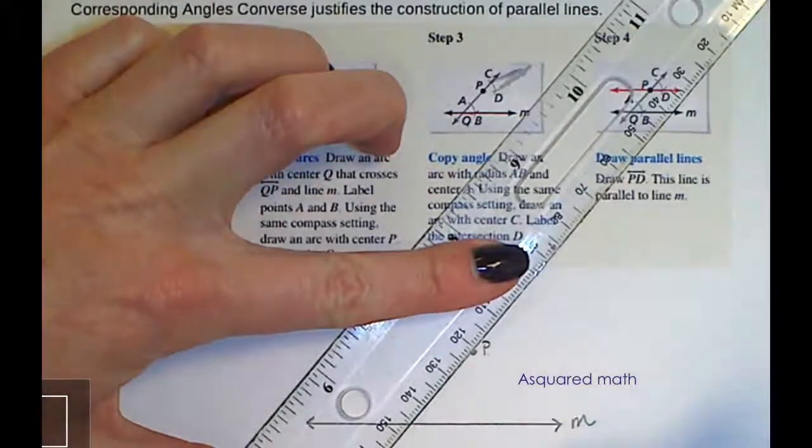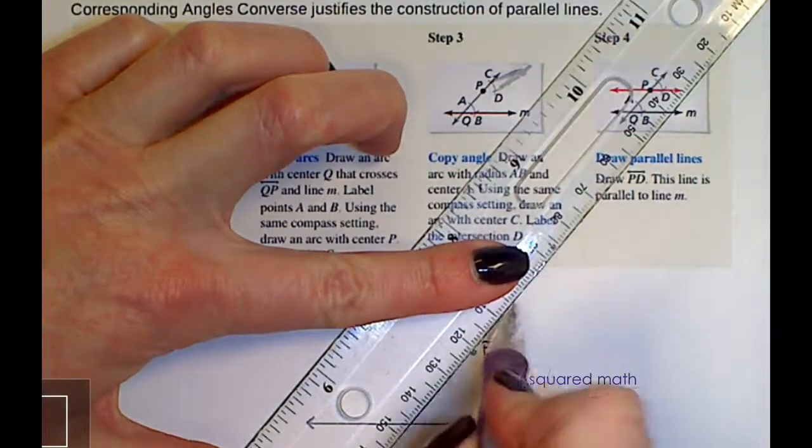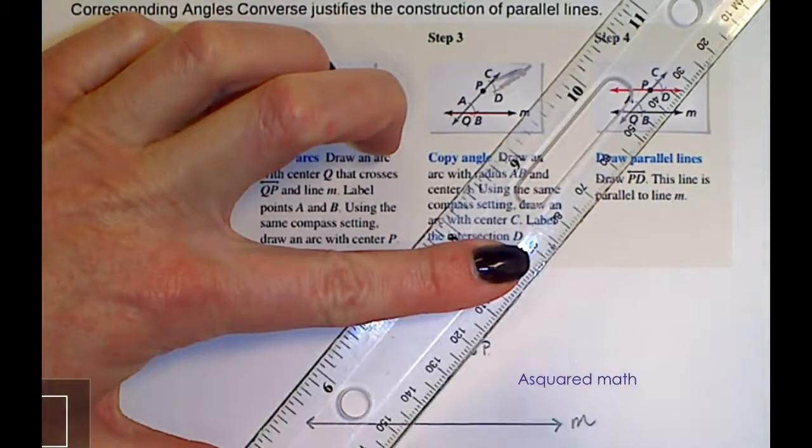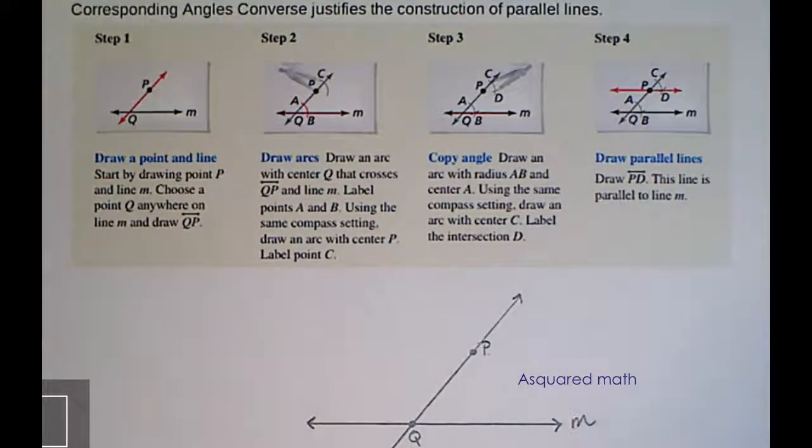So anywhere on line M, I can connect and draw this line or our transversal. So where it intersects, they are telling us to call this point Q, and I will be consistent with the directions so that I don't confuse you guys on this.